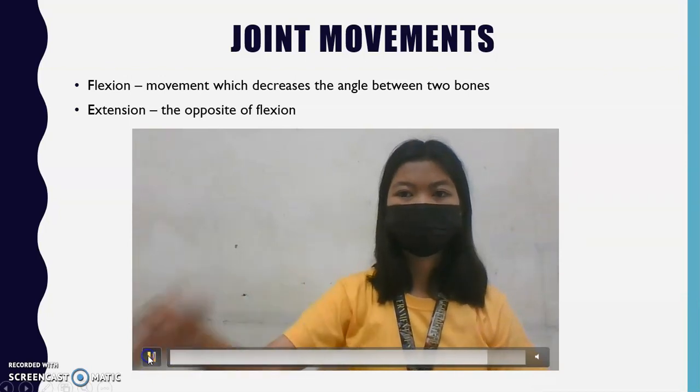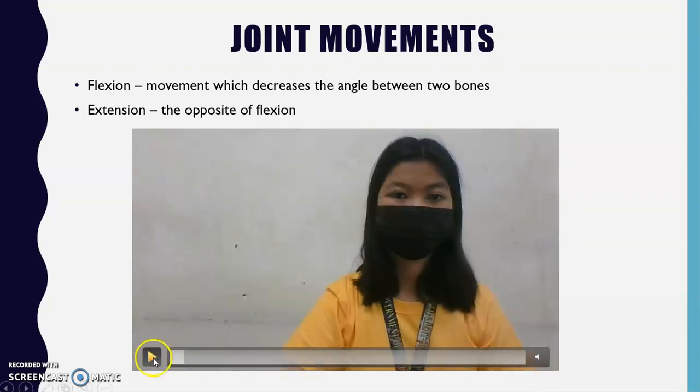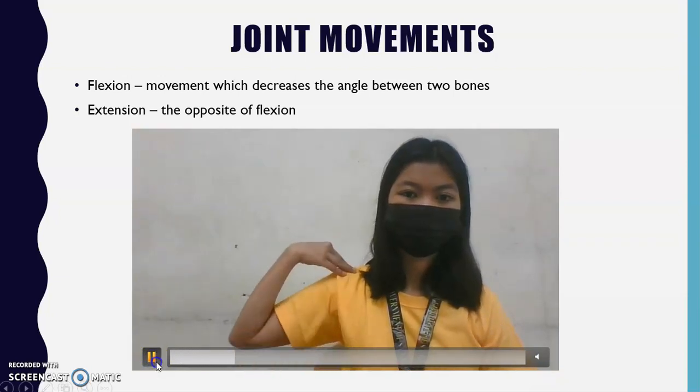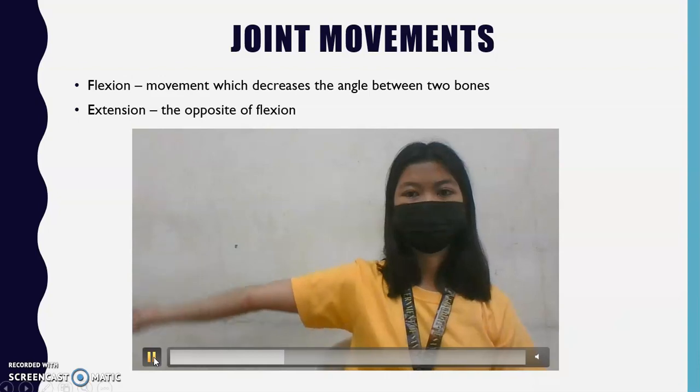Okay? Kung makikita nyo dun sa flexion, meron dyang angle between two bones. Yung bones ko sa humerus, and then dun sa radius and ulna. So, meron dong angle. So, that is flexion again, and then extension.